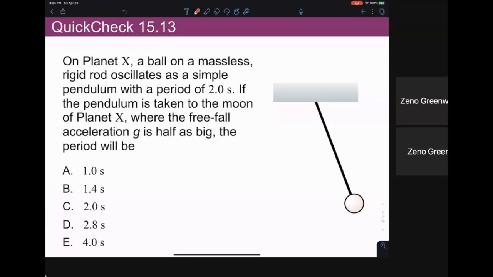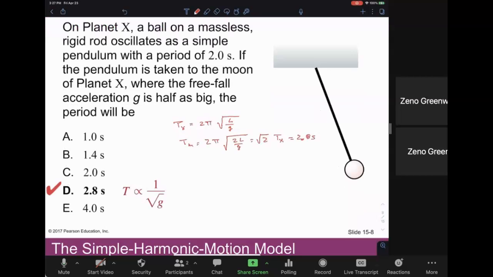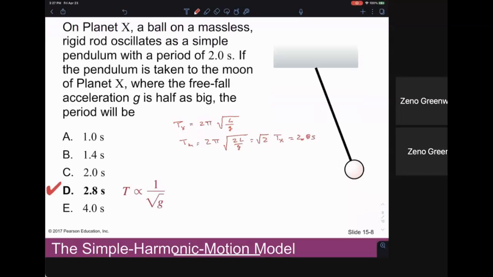In the next quick check, on planet X, a ball on a massless rigid rod oscillates as a simple pendulum with a period of 2.0 seconds. If the pendulum is taken to the moon of planet X, where the free fall acceleration is half as big, the period will be which of the following? The period on planet X will be T sub X equal to 2 pi times the square root of L over g.